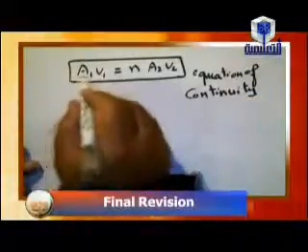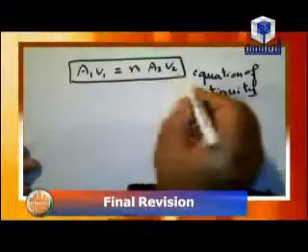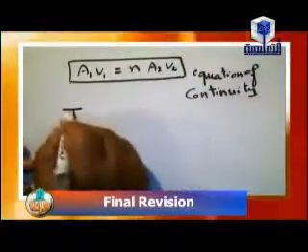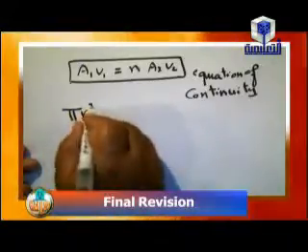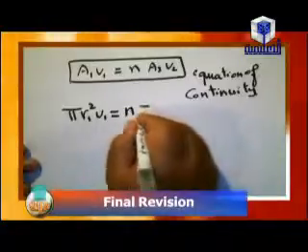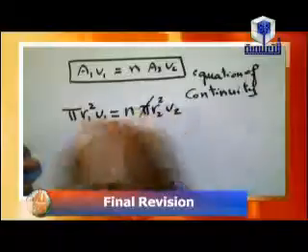That means the volume flow rate which enters the tube is equal to the volume flow rate that leaves the tube. We know that the area equals pi R squared, so pi R1 squared V1 equals N pi R2 squared V2. We can cancel pi with pi.